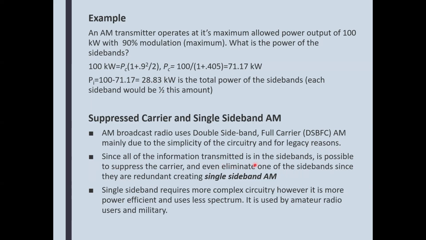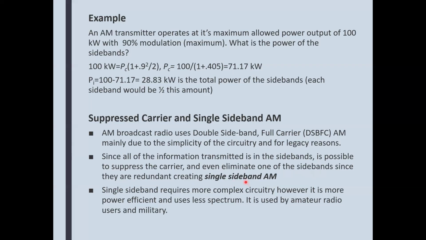Since all the information is in the sidebands, it is possible to suppress the carrier and even eliminate one of the sidebands. So the carrier can be suppressed, and you can eliminate one of the sidebands, as I was talking about before, and transmit in single-sideband AM.